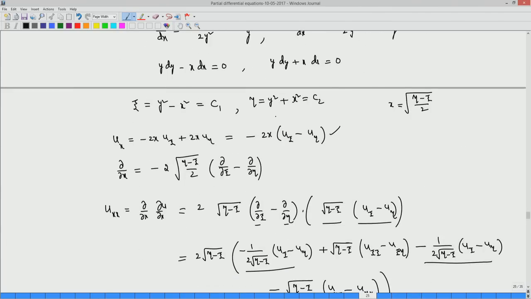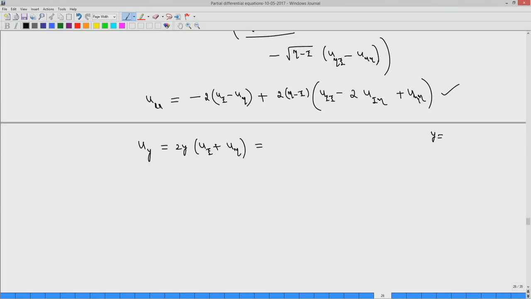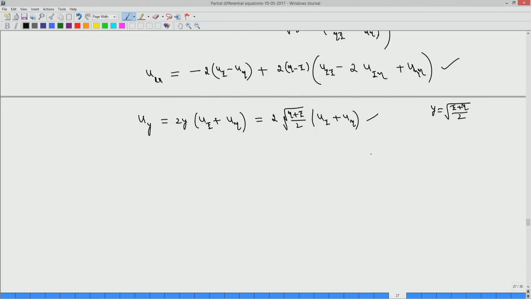If you take xi plus eta by 2, that is your y square. So, square root of xi plus eta by 2 is my y. So, if you write this, square root of eta plus xi by 2, into u xi plus u eta. So, this gives me my dou y.